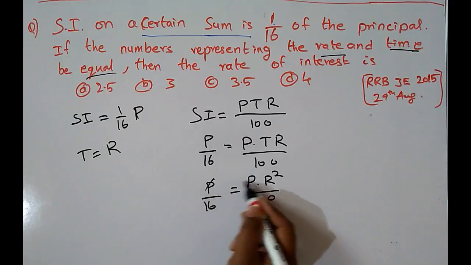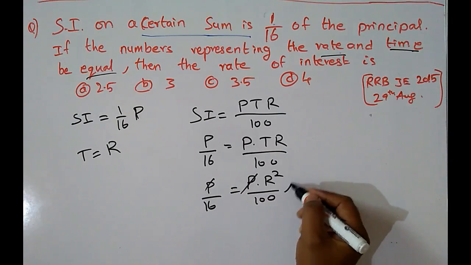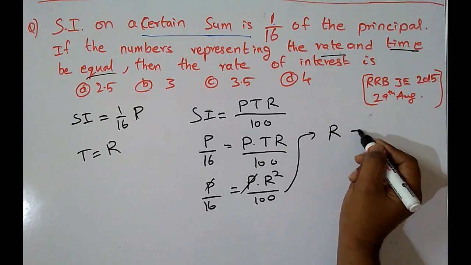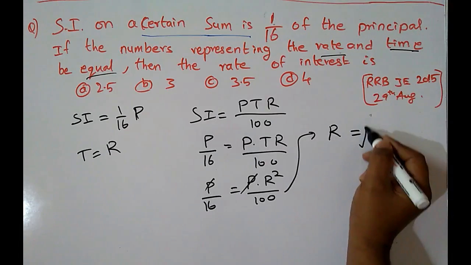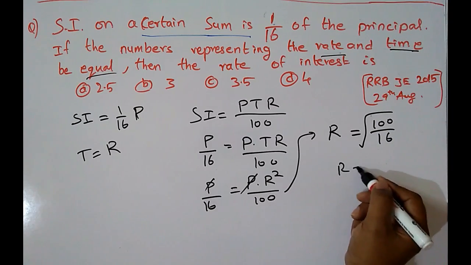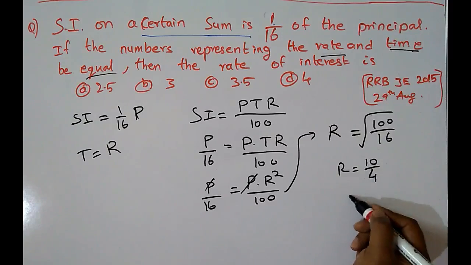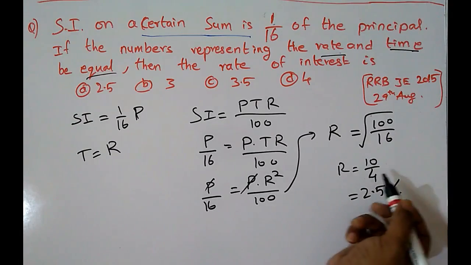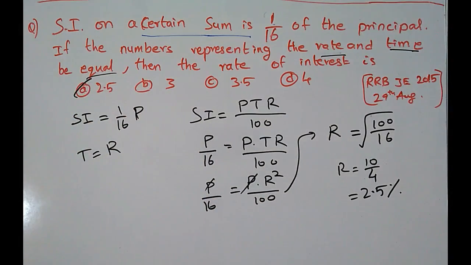On simplifying, R is equal to root of 100 by 16, which is 10 by 4, that is 2.5%. A is the answer.